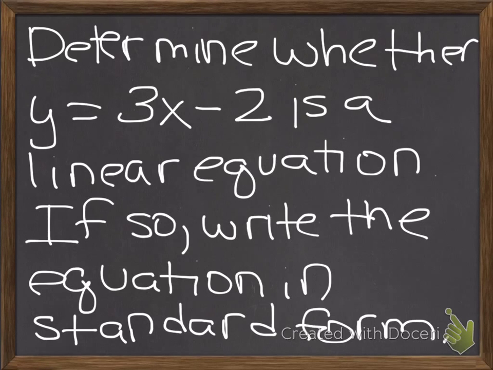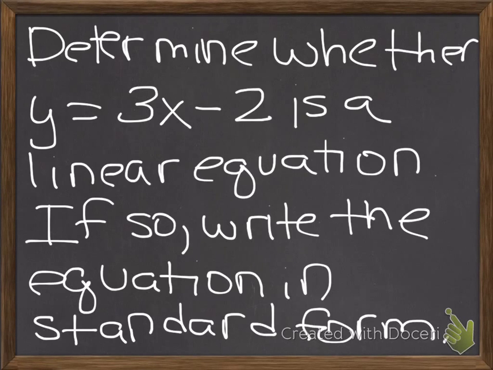So there are a couple criteria that you want to cross off when you're trying to determine whether it's linear. So far we've learned that if it has any variable with an exponent of 2, so squared, then it would not be a linear equation.